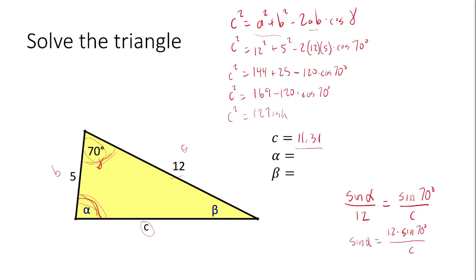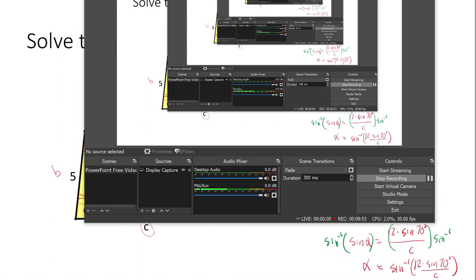If we take the inverse sine, or arcsine, of both sides, we end up with alpha equal to the inverse sine of 12 times the sine of 70 degrees divided by c, all inside the parentheses there. So let's do that.